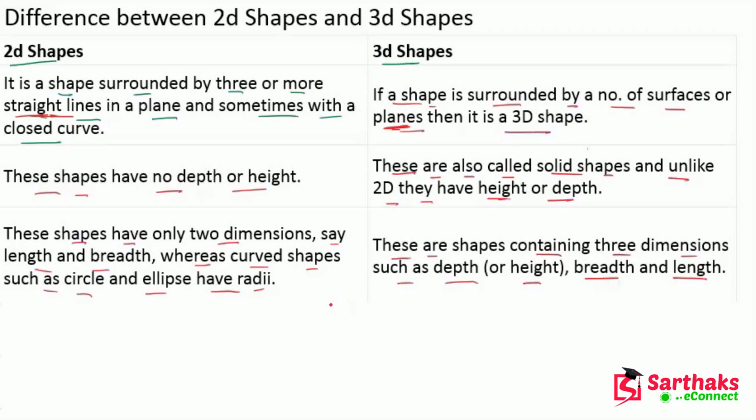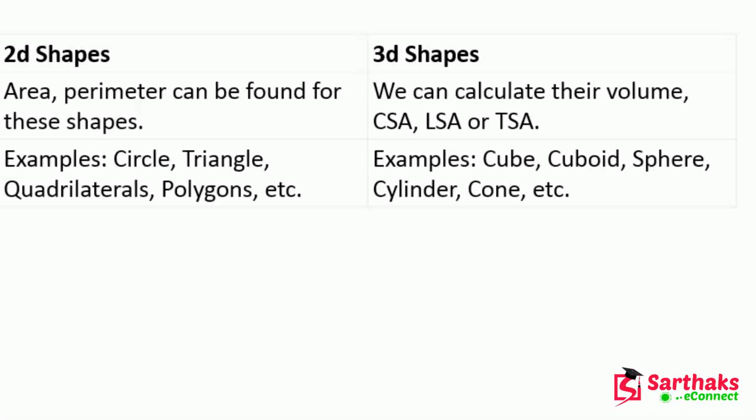The next difference is that area and perimeter can be found for 2D shapes, while for 3D shapes we can calculate volume. CSA means curved surface area, LSA means lateral surface area, and TSA means total surface area.